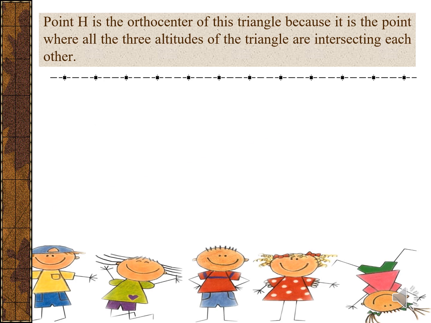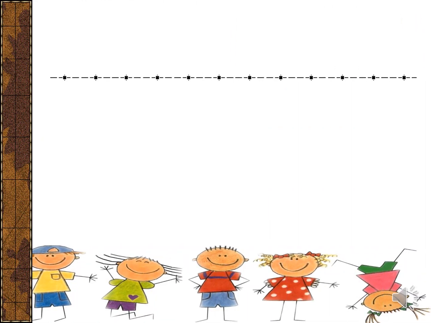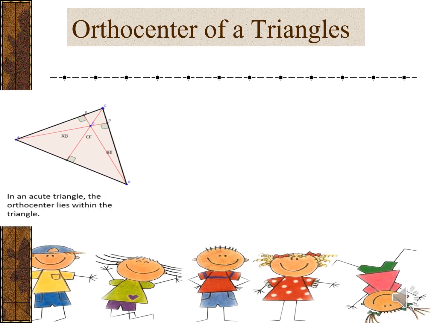The point H is the orthocenter of this triangle because it is the point where all three altitudes of the triangle intersect. As we can see in the figure, these are the altitudes where the lines intersect. The orthocenter of the triangle.